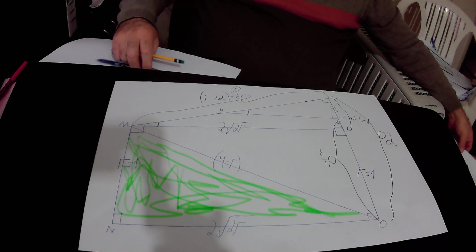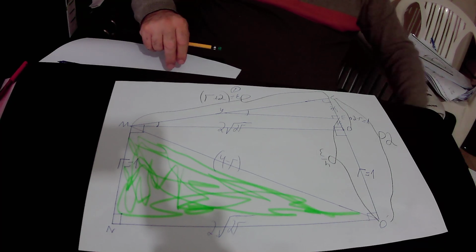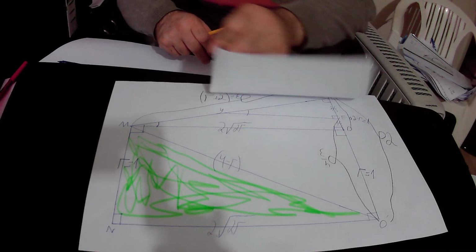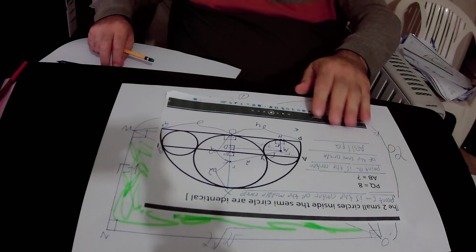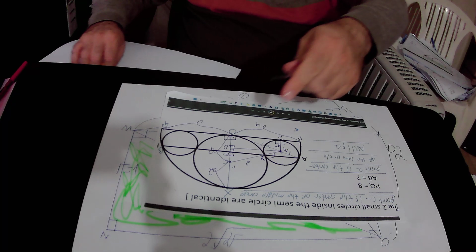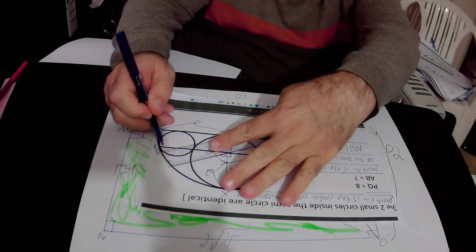In the next step, we will connect points O and B by a straight line.